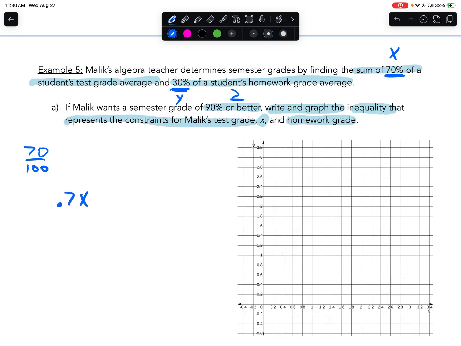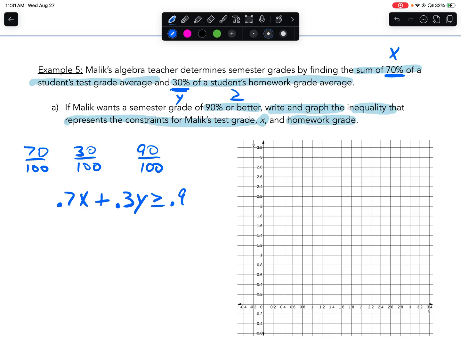So I have 0.7x plus 30%, right? So I do 30 divided by 100, and I get 0.3. So we have plus 0.3y. And then Malik wants his test grade to be 90 or better, so it's going to be greater than or equal to 90 divided by 100 is 0.9, so I have greater than or equal to 0.9.